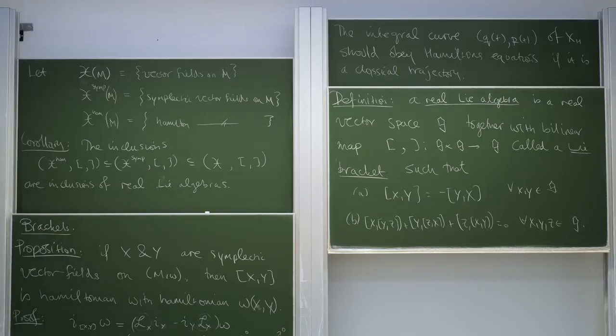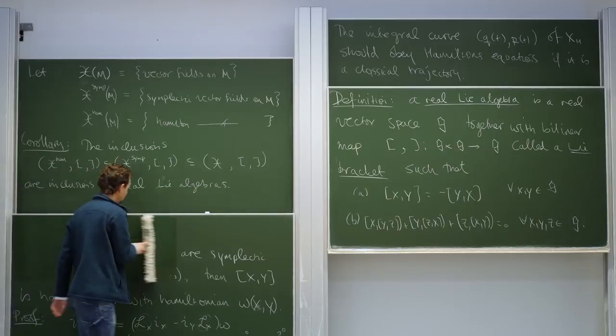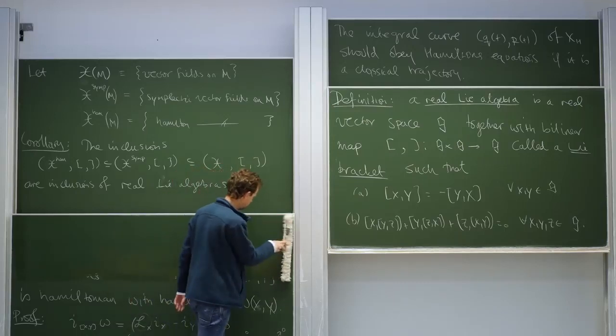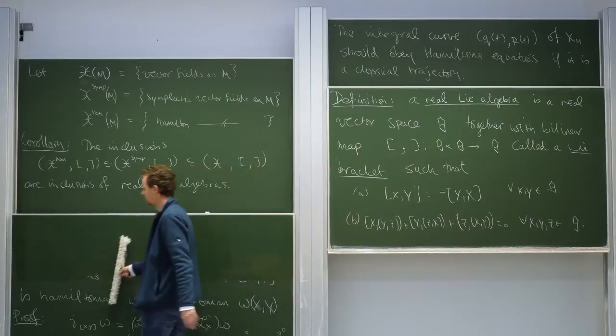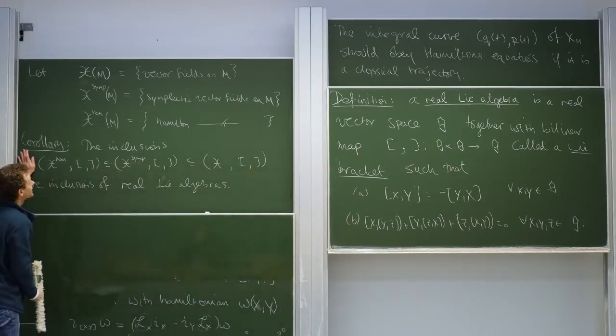And now, when we restrict our lives to just Hamilton vector fields, we see that it's natural to introduce something that generalizes the Poisson bracket in classical mechanics.